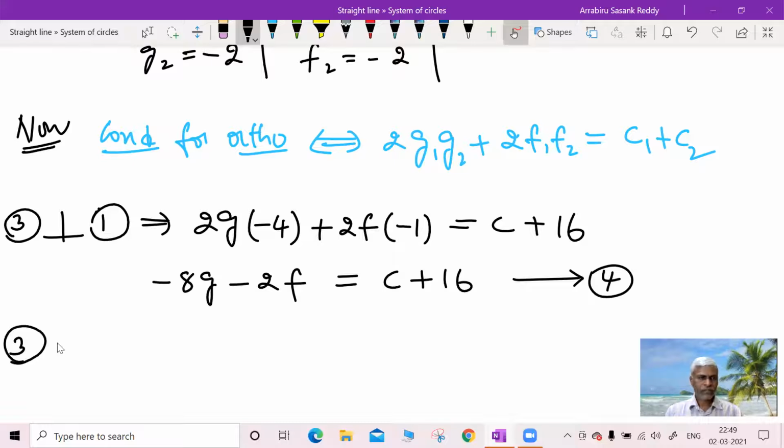Now 3 is also orthogonal to the second equation.